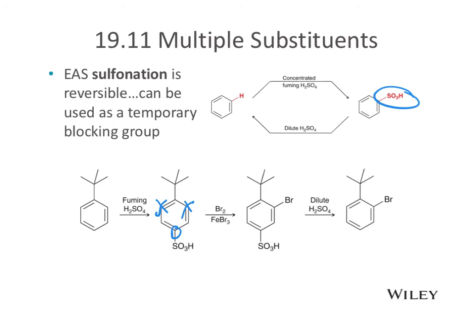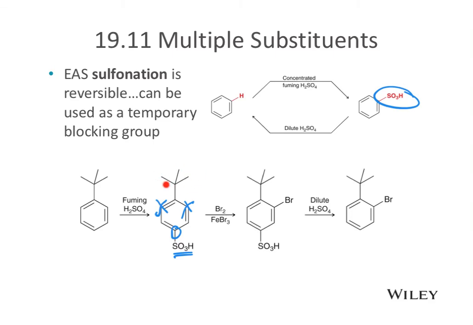And now the SO3 group has these oxygens on it, so that's actually going to result in the SO3 group being a bit of a deactivator. It's going to pull electron density away from the benzene ring. So the SO3H group is going to be a deactivator. The tertiary butyl group is going to be its typical activator.